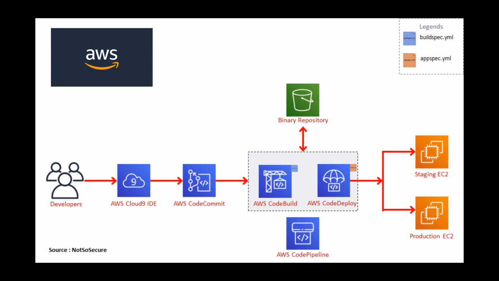It provides prepackaged build environments for popular programming languages and build tools such as Apache Maven and Gradle, and can also create a customized build environment. AWS S3 buckets are used for storing final build artifacts and/or binaries.